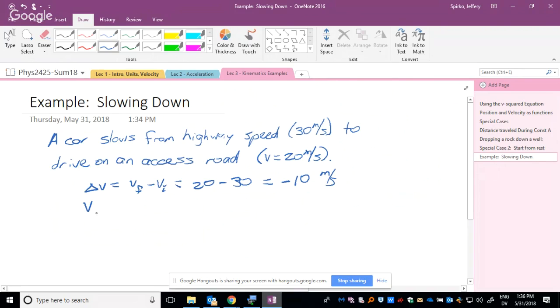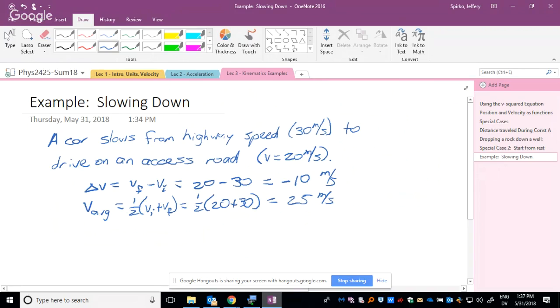We can definitely say the average is 1/2 of V initial plus V final, which is 1/2 of 20 plus 30, is equal to 25 meters per second.